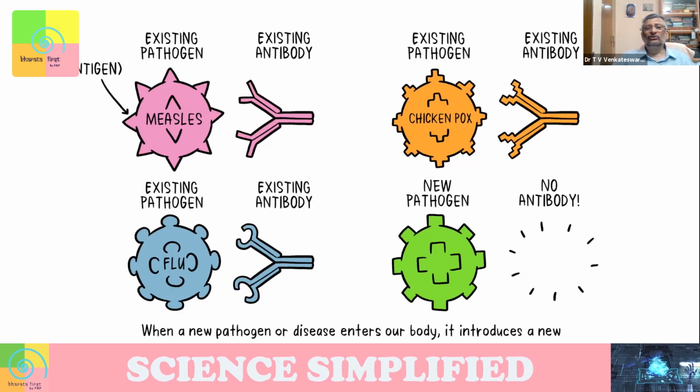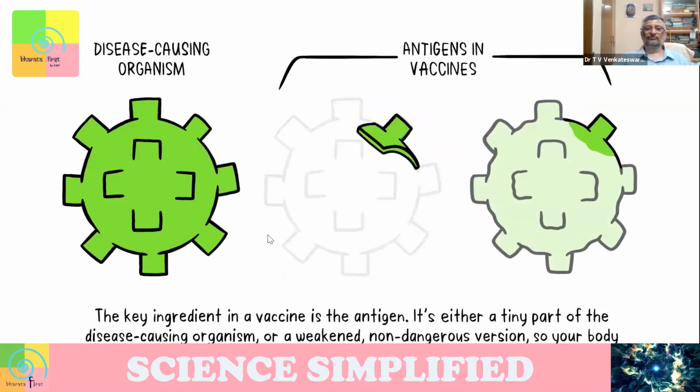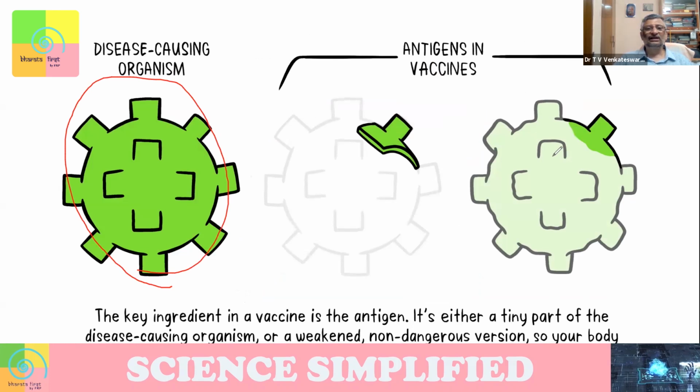So how do you make your body produce the antibody for that particular pathogen, even without actually contracting the disease? That's the question. When our body sees a disease-causing organism, our body produces antibody.